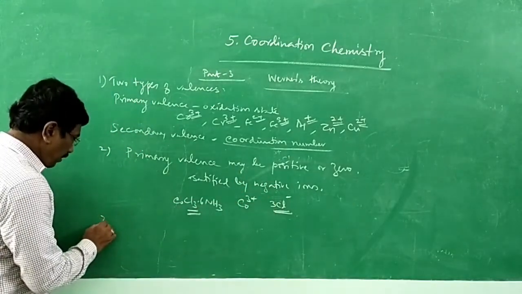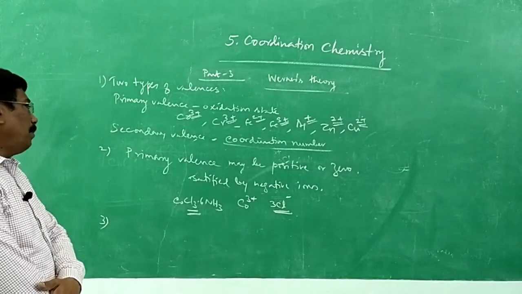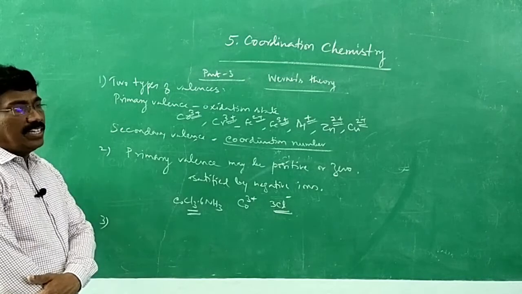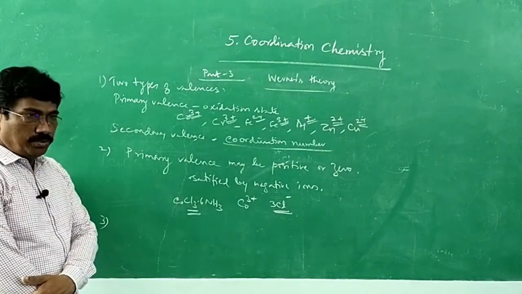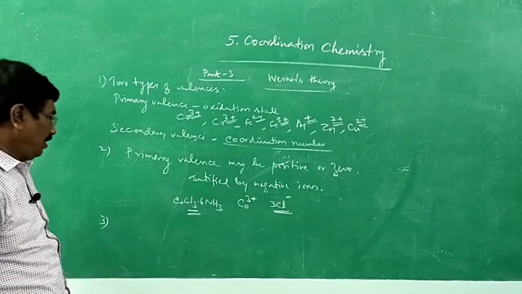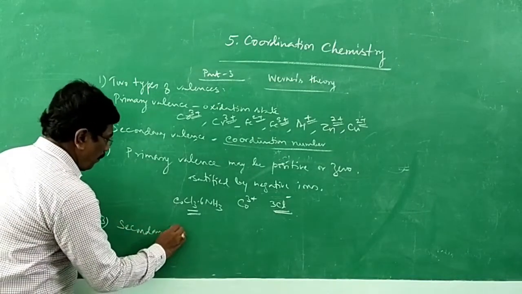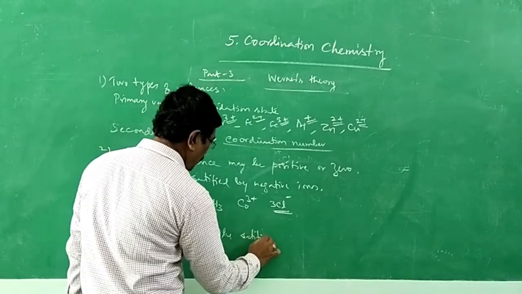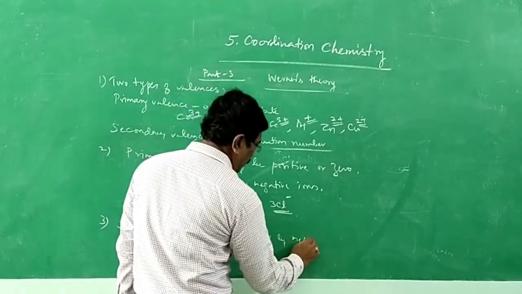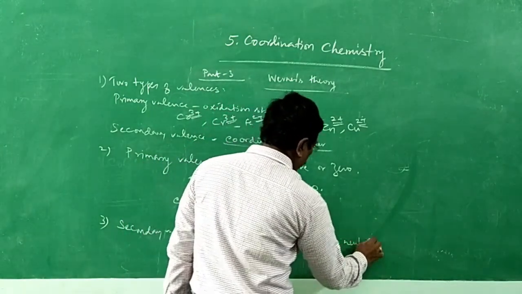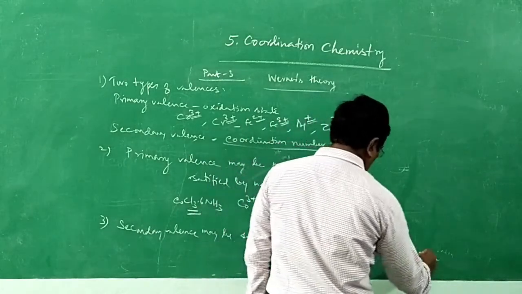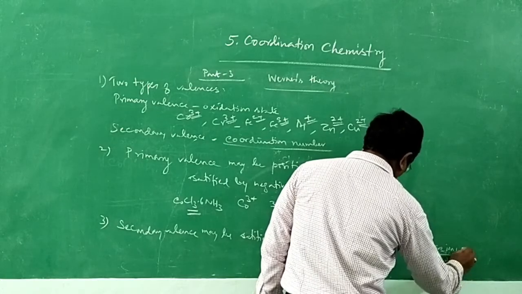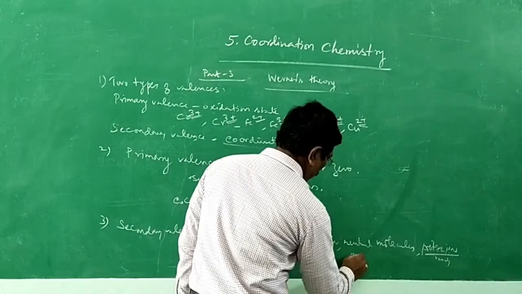Alright. Then the third point: secondary valency may be satisfied by negative ions, neutral molecules, or very rarely positive ions, or a combination of all.